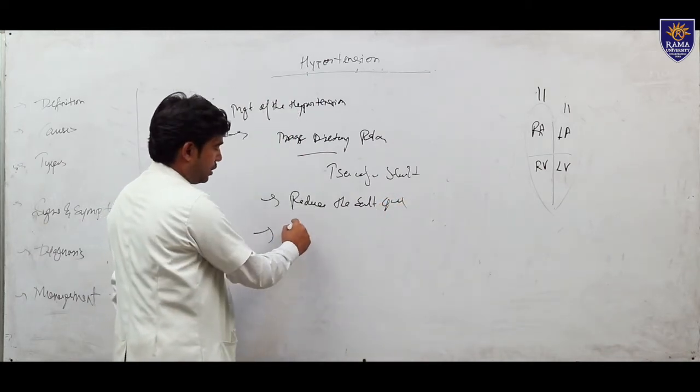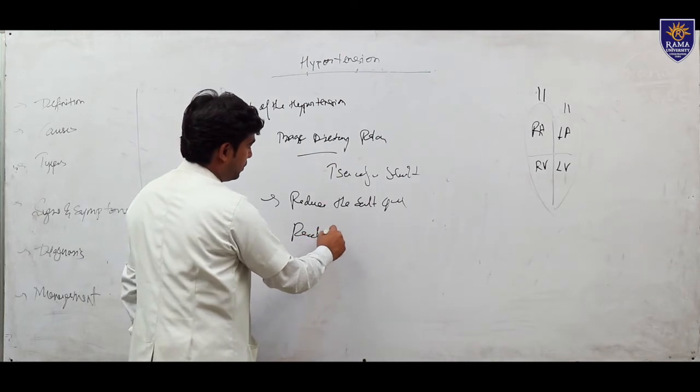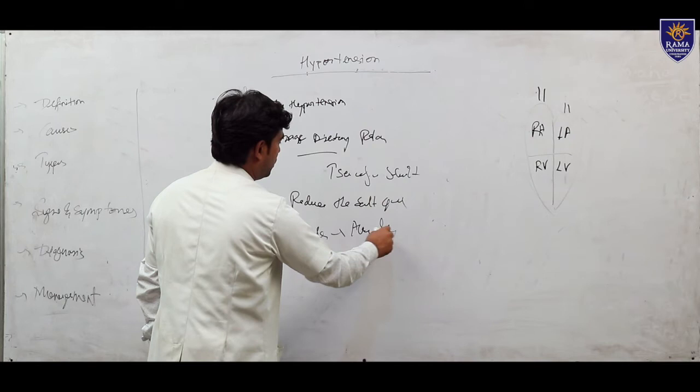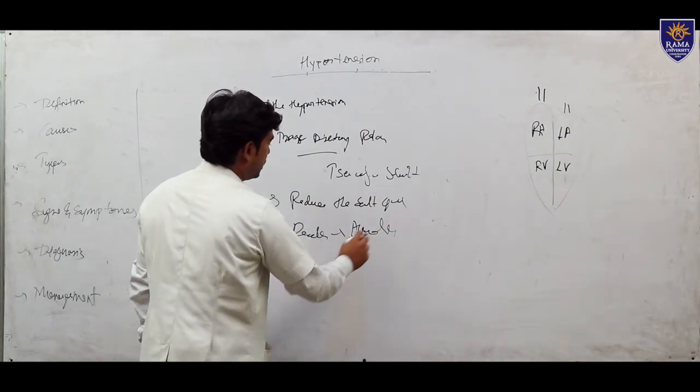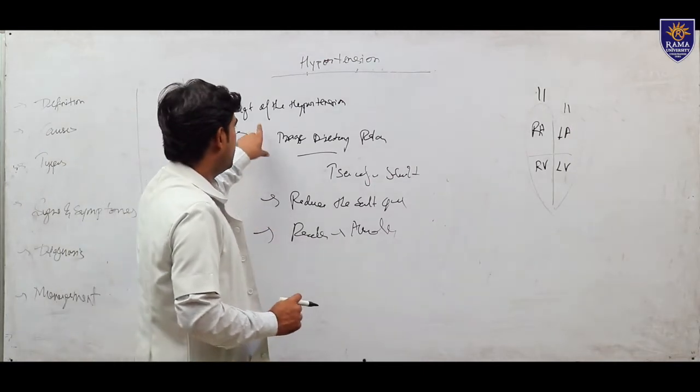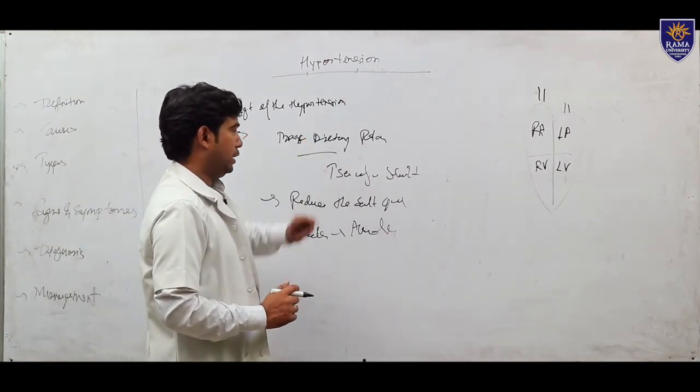Next, reduce or avoid alcohol. We can avoid alcohol, and some other things we can manage in the dietary plan.